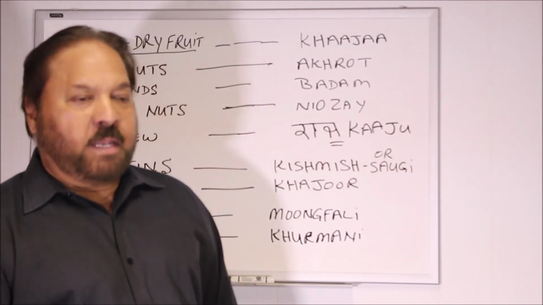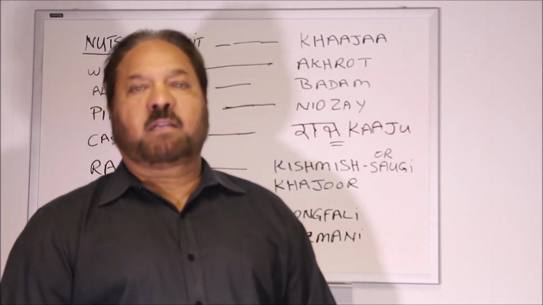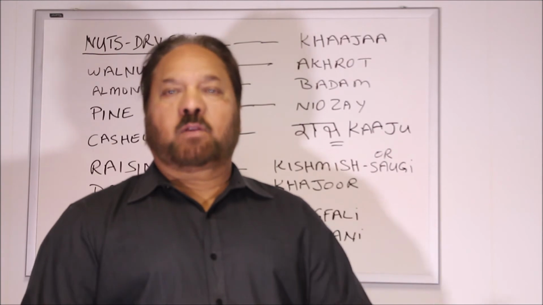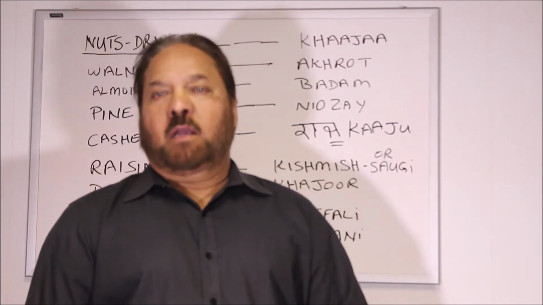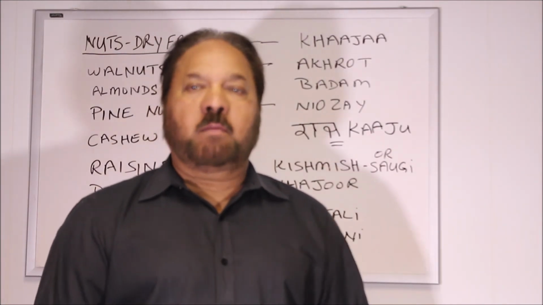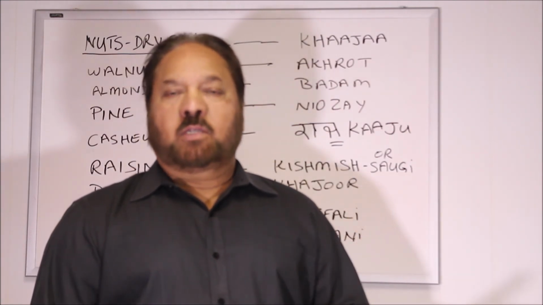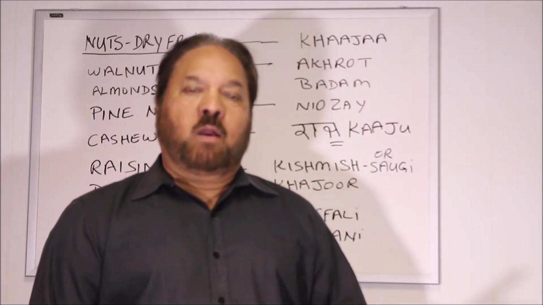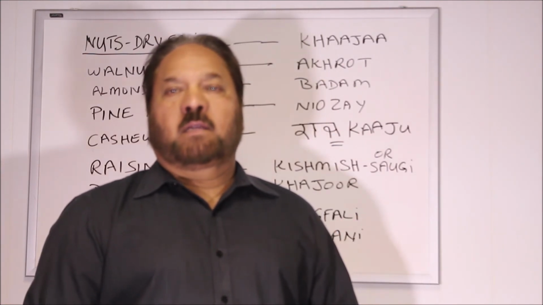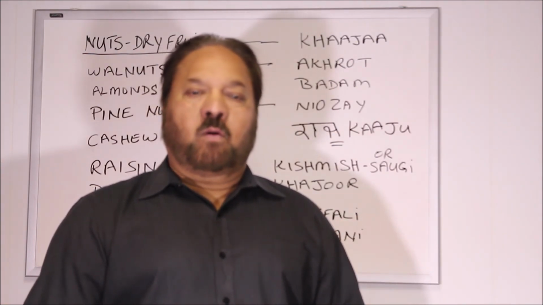I will try to make these lessons on different things. For example, we already made on months and the numbers and the time, because there's so much to learn. I will try to make different lessons on different things.